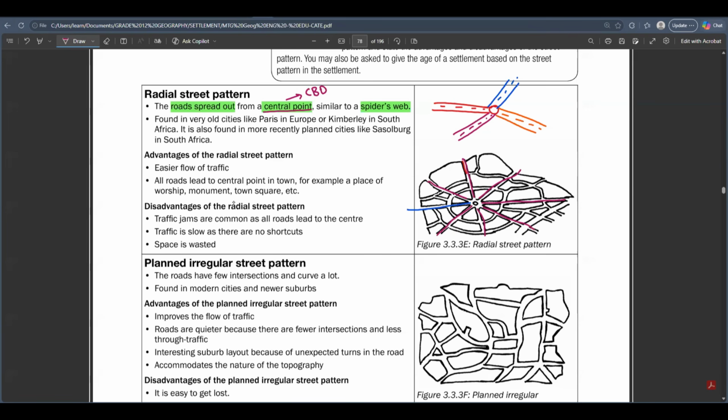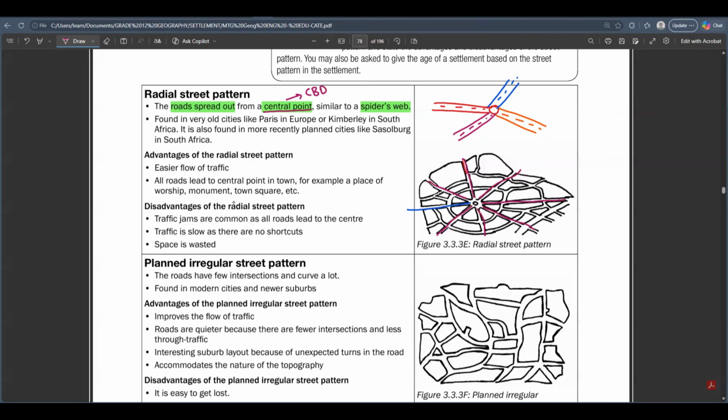I mean, a place where there is high business activity, you find a lot of stores there. You find a lot of markets there. You find a lot of restaurants. You find a lot of beautiful stuff to explore around. All right. So basically, that is a radial street pattern, when the roads are arranged in such a way that all of the roads are leading to a common point. That is known as a what?